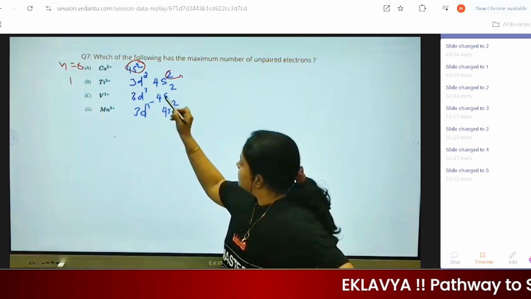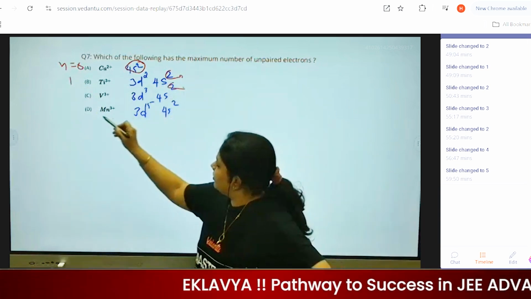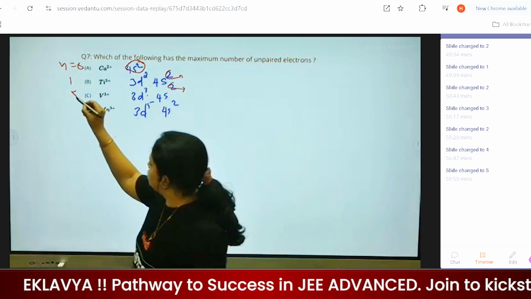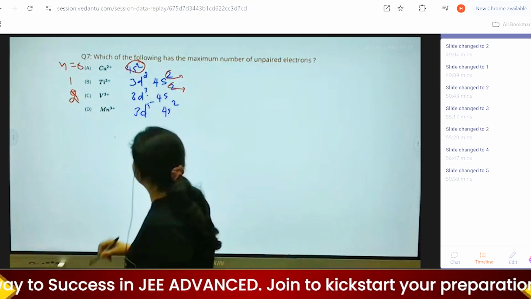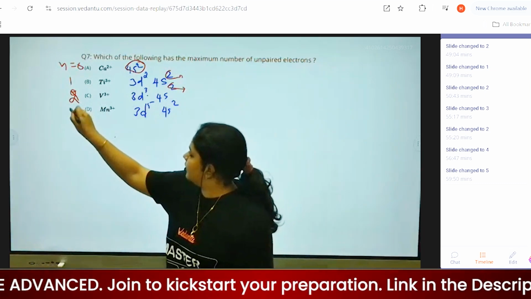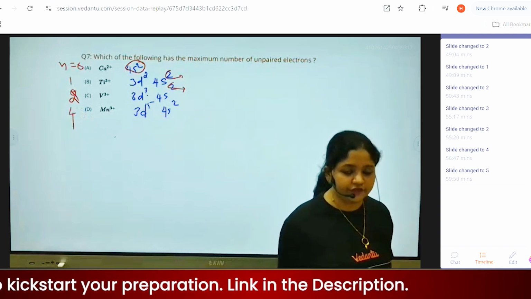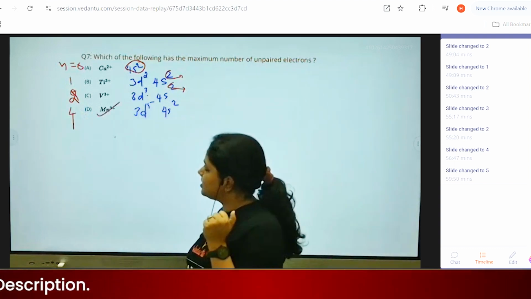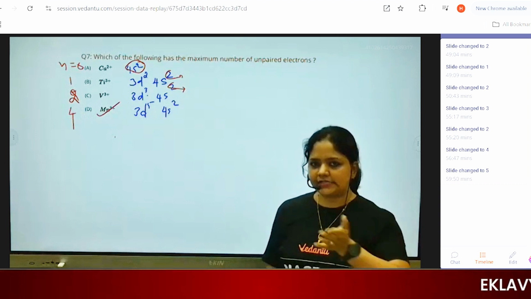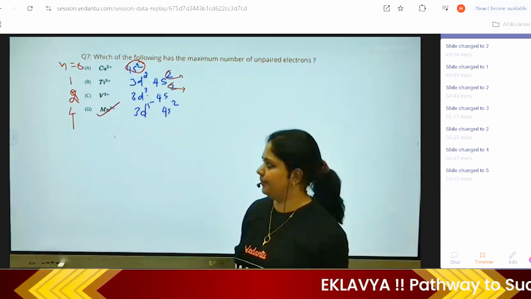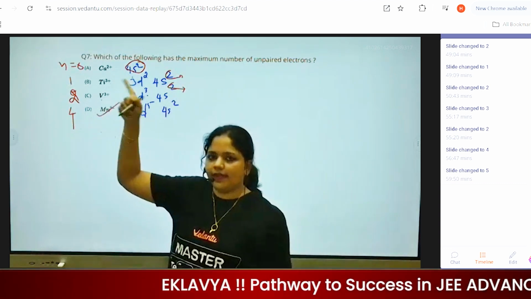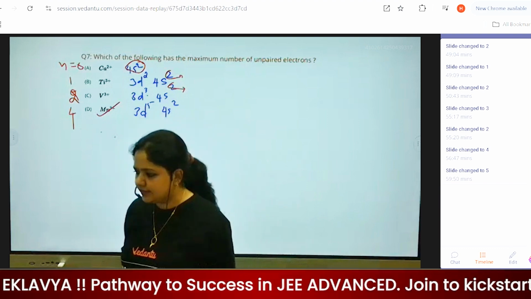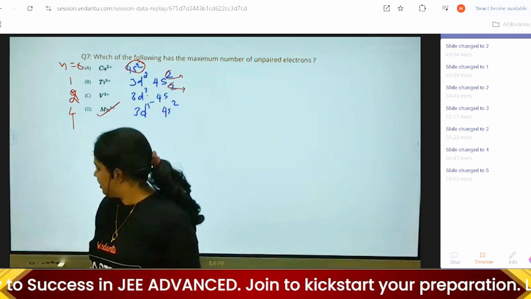So 3. Here, 2 from here, 1 from here, total of 4. So if they are asking which has the maximum number of unpaired electrons, the answer is D. If they are asking you to arrange from maximum to minimum, D, C, B, A. Moving further, next question. I hope it is clear.